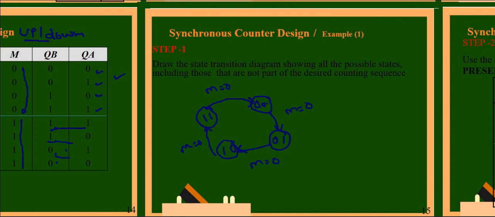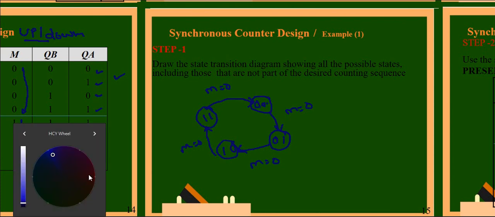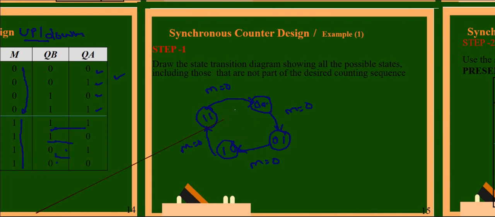Now, if you want a down counter, we have to think about how it can be designed. In the down counter, it goes the opposite way. If it is 11, it goes to 10, and this condition we call M equal to 1.